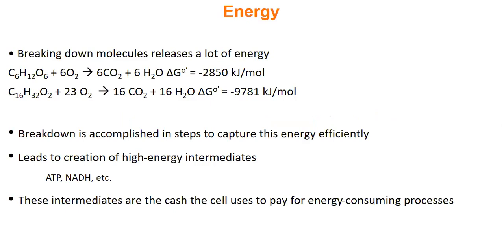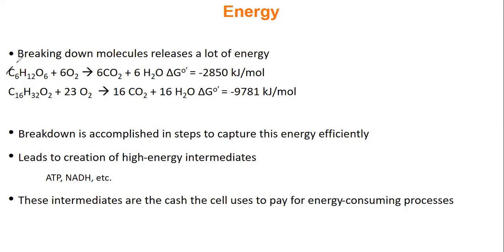All right. So we're going to continue to talk about energy. And in our first reaction, we have glucose. Glucose plus oxygen makes carbon dioxide and water. That's glycolysis right there in a nutshell. You make negative 2,850 kilojoules per mole. We just said minus 31 is massive, like minus 2,850.